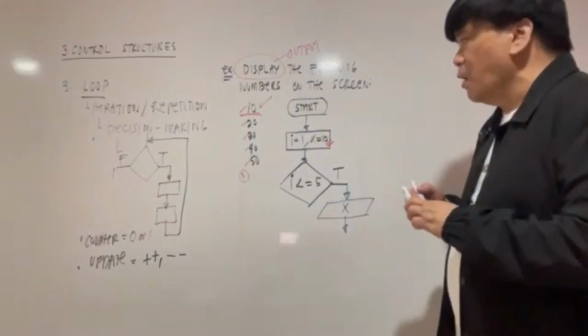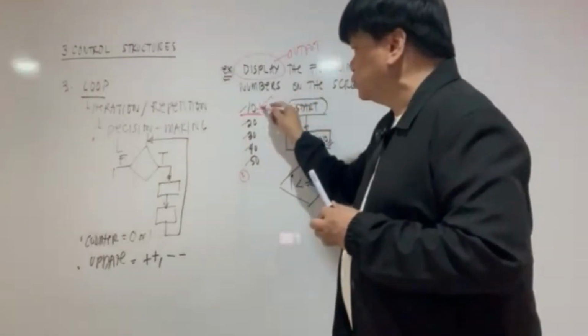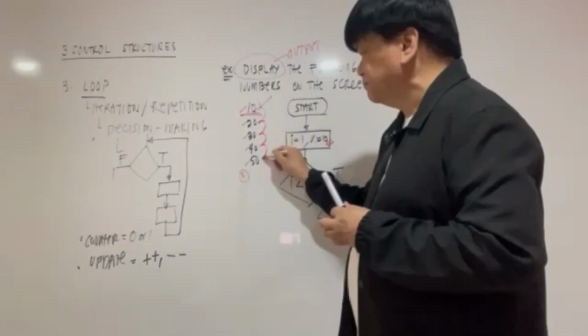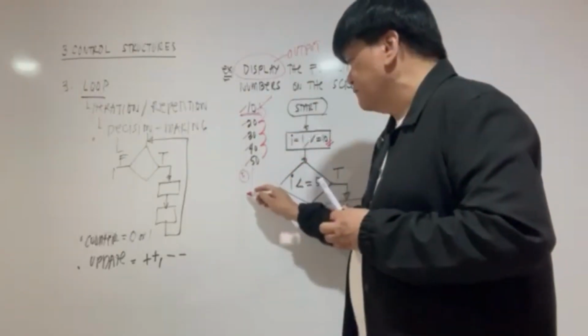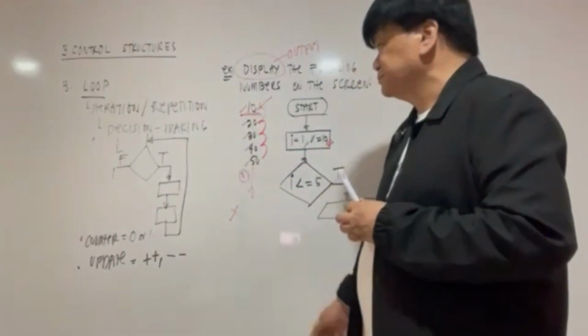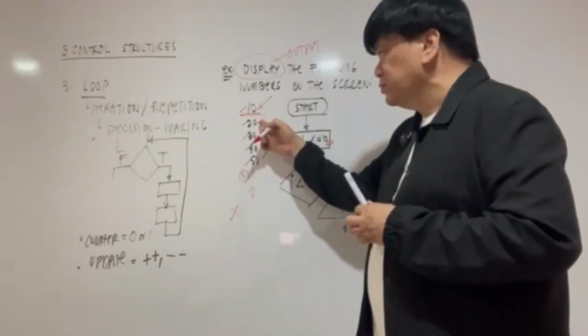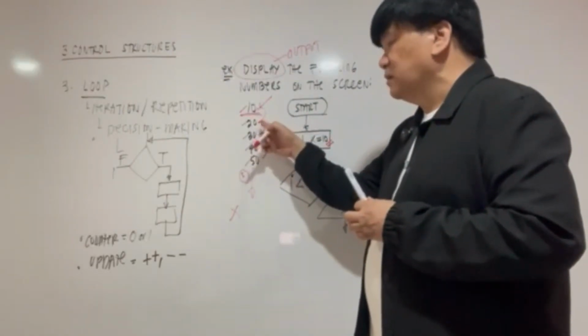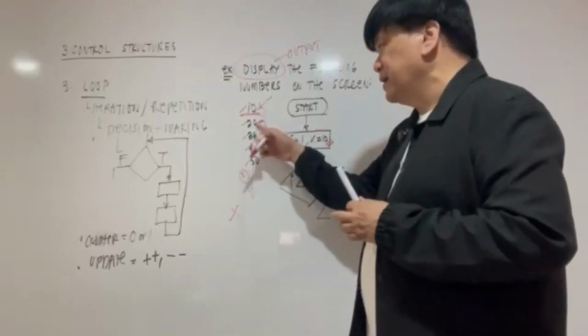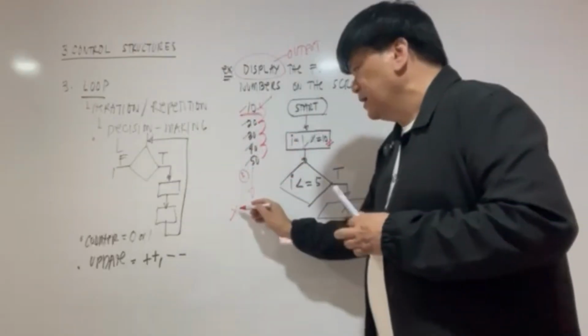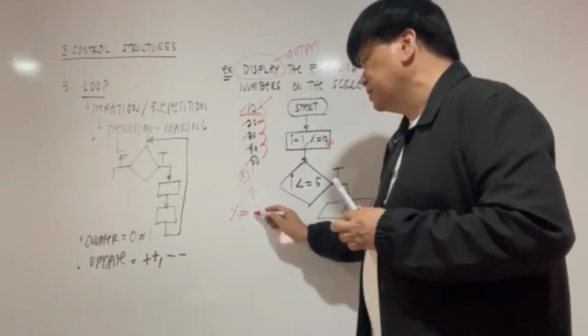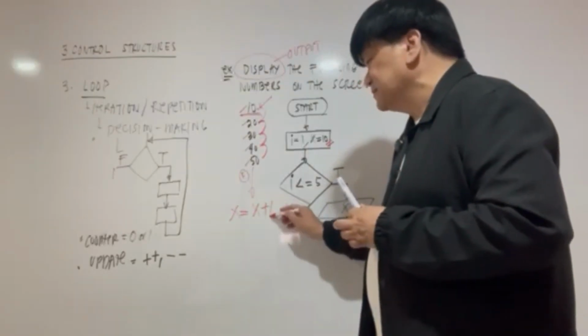Followed by, now, how are you going to compute for 20, 30, 40, and 50? Knowing that you have here the x, how are you going to formulate a formula to make it 20, 30, 40, or 50? You can just say x is equal to x plus 10.